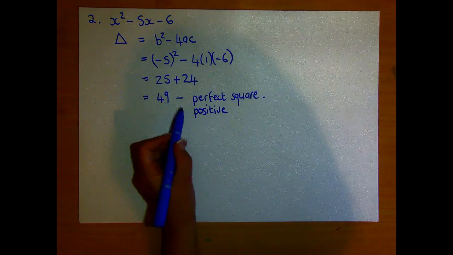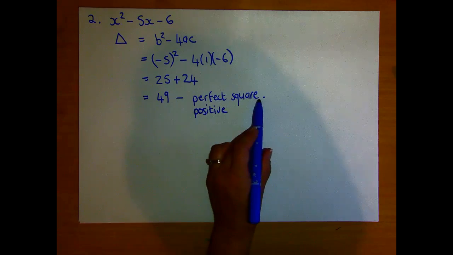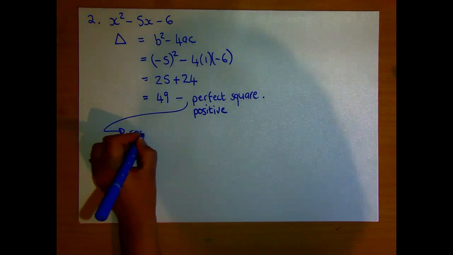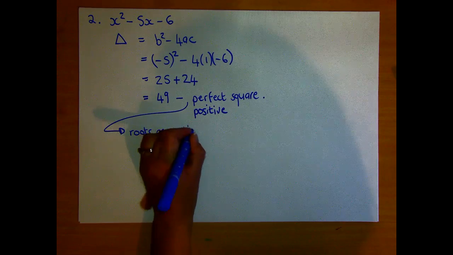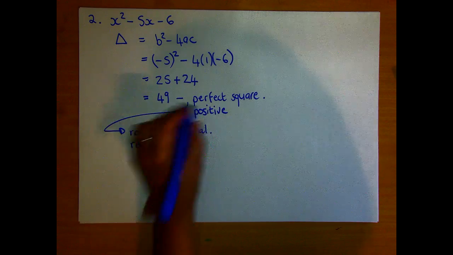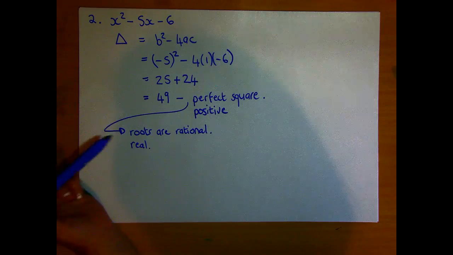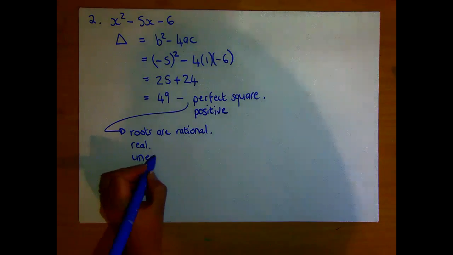And so that means when it's a perfect square, you're going to have rational roots. Okay, so from there, your roots are rational. They're real because you've got something that is positive. But for them to be equal to each other, you need delta equals 0, which it's not. So we can also write down that it's unequal.